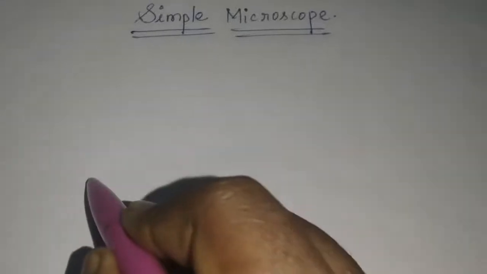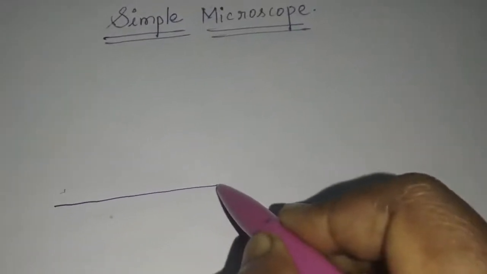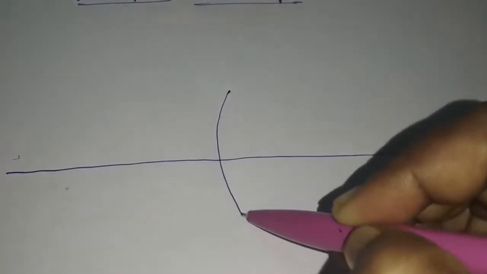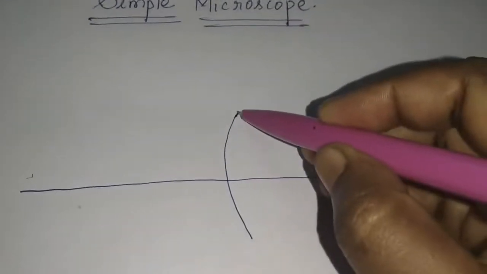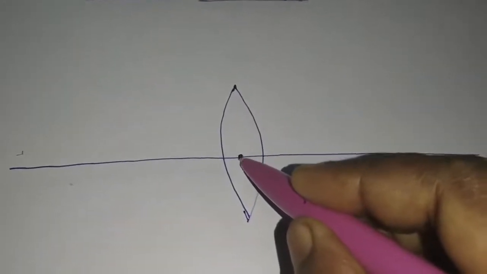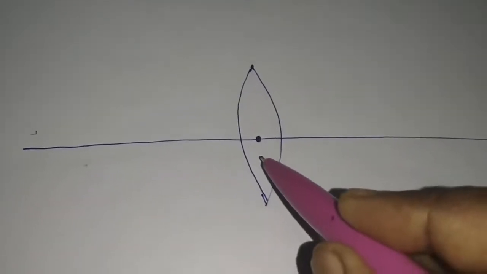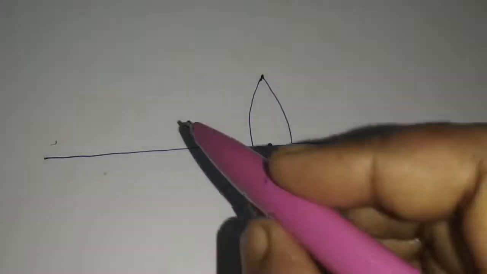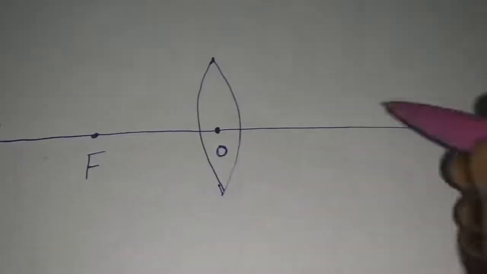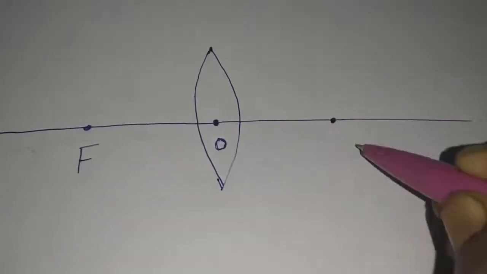Students, now I am going to draw the image formation for the simple microscope. First we have to draw the principal axis. This is the principal axis, and then I am going to draw the lens. What type of lens do we use in the simple microscope? Convex lens. So I draw the convex lens, and then you have to mark the center point, which is known as optic center O, and the principal focus F, and on the other side you will get one more principal focus.